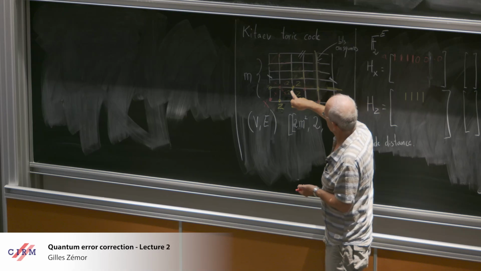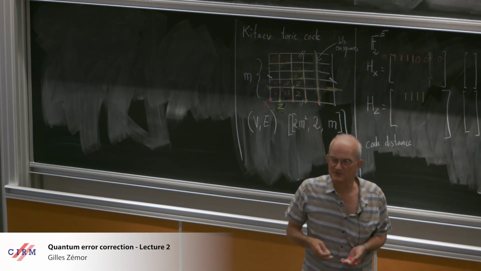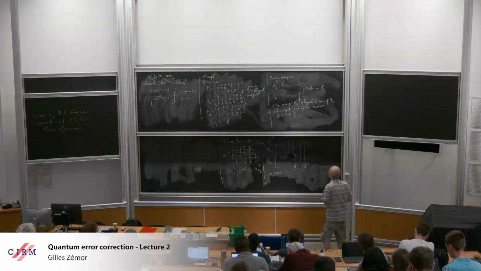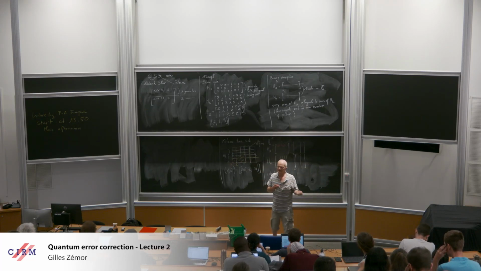And you can see that when two checks meet, they meet in two squares, two positions. And this time the definition is completely symmetric. You can see that the role of HX and HZ are exactly the same.